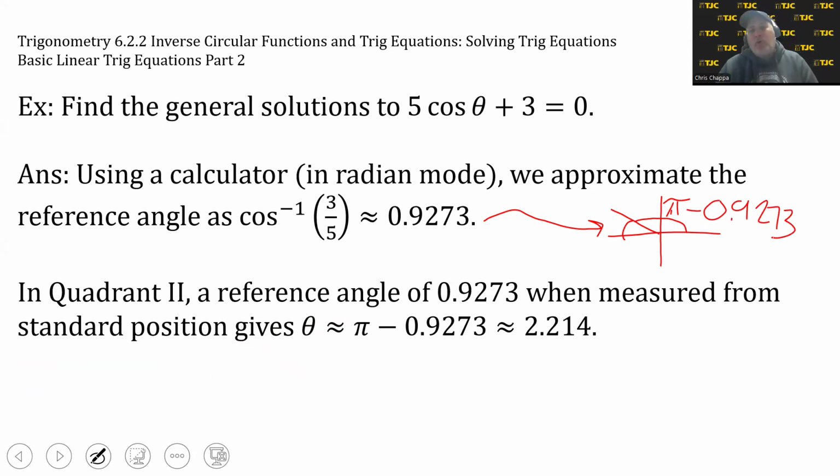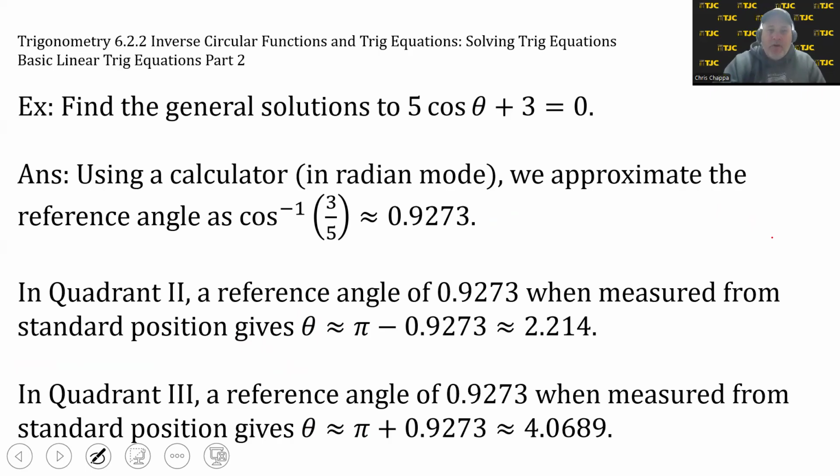So how do we do it in quadrant 3, the location of our other solution? Well, in quadrant 3, the same reference angle when measured from standard position would be pi plus 0.9273. Again, if we put that reference angle in quadrant 3, so if we put this angle here and then measure it from standard position, it's a semicircle, pi plus that reference angle, which is about 4.0689.